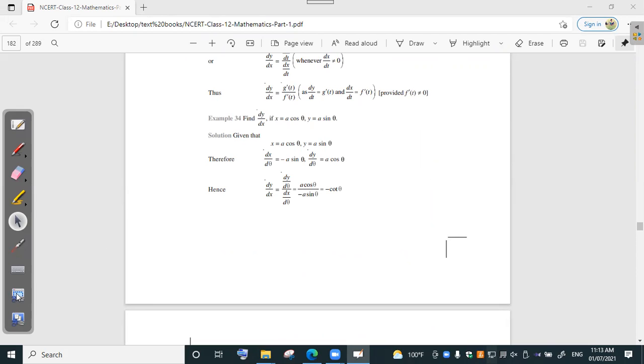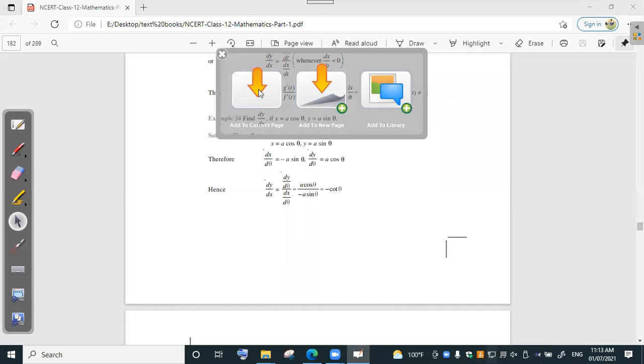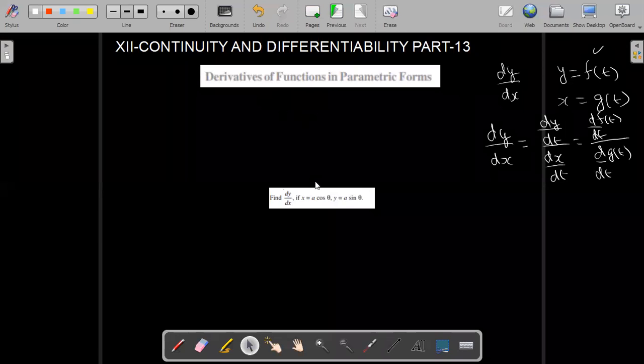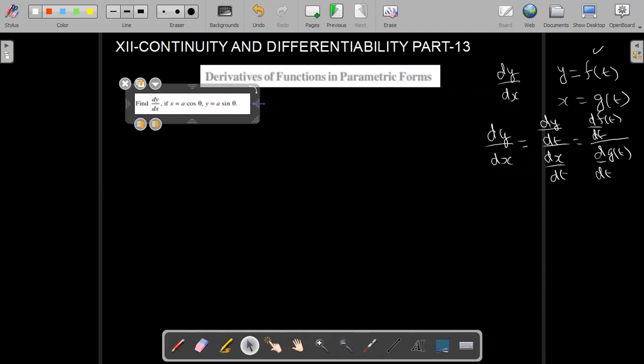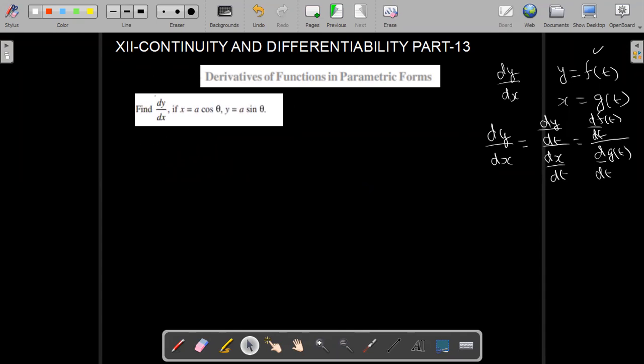For example, I'll take one example, then we can start the exercise also. This is the question: find dy by dx when x is a cos theta, a function of theta, and y is a sin theta, also a function of theta. As I told you, we have to find the derivative dy by dx.